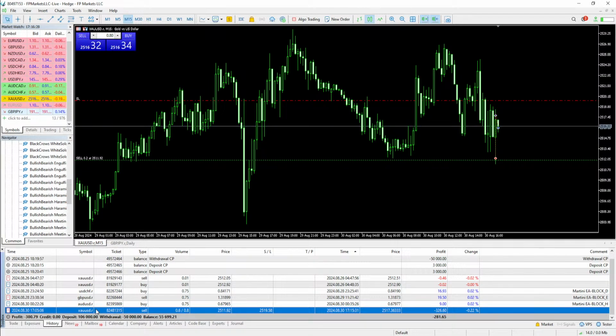Okay, so if you see over here, this was a 0.8 lot trade, from which I have already closed 0.6 lot, and I have lost around $326 in this particular trade. My losing target was $550, right? In the starting I said that I'm gonna risk 1%. So 1% was $550, and I have lost around $326 currently.